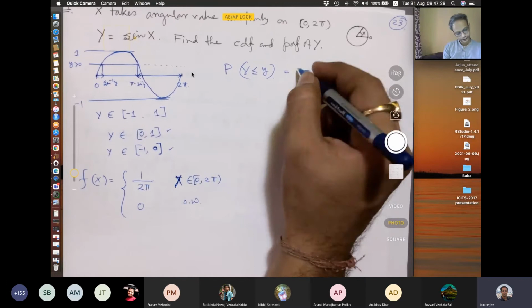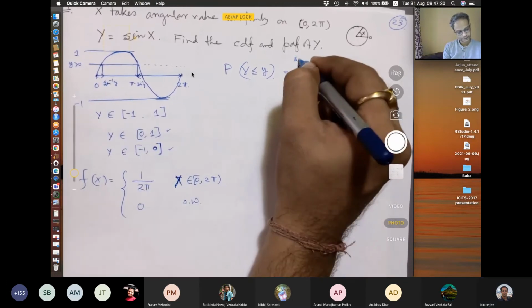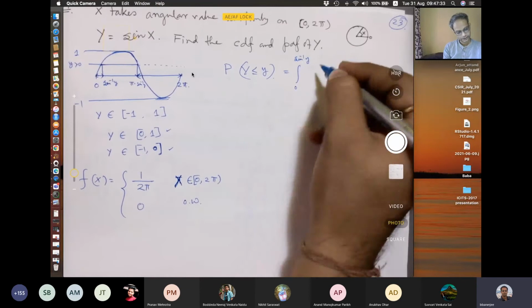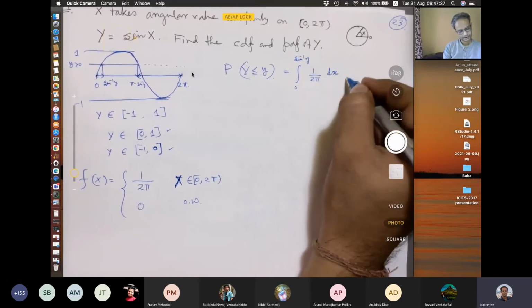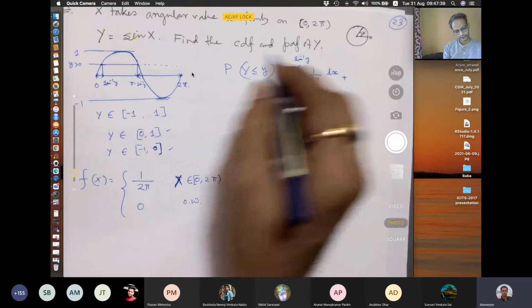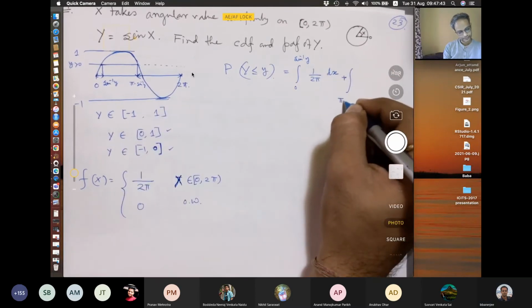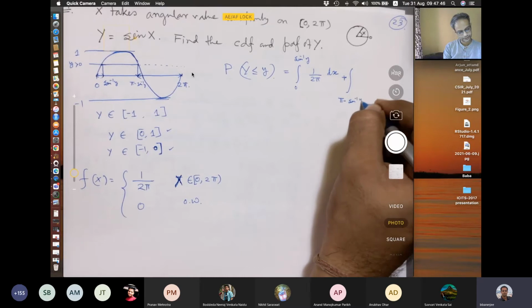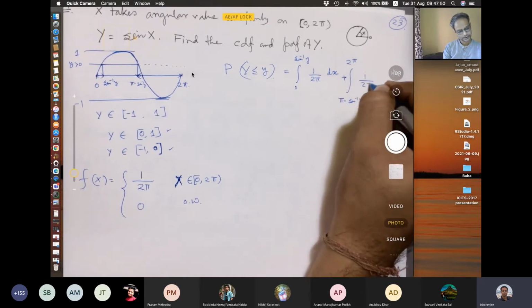So you need to integrate from 0 to sine inverse y, 1 by 2 pi dx, plus from pi minus sine inverse y to 2 pi, 1 by 2 pi.